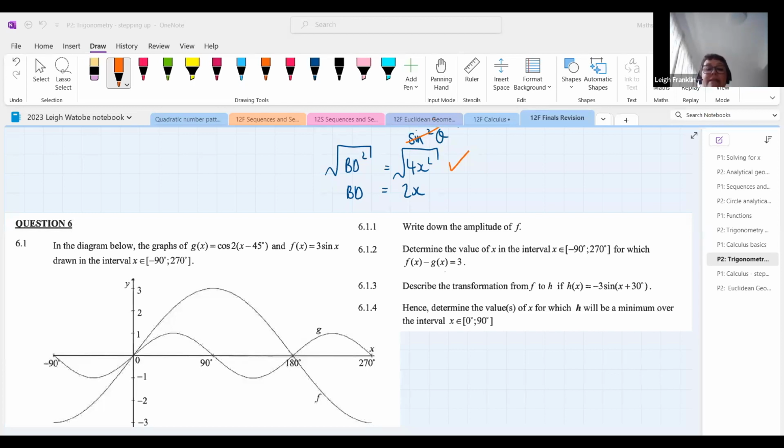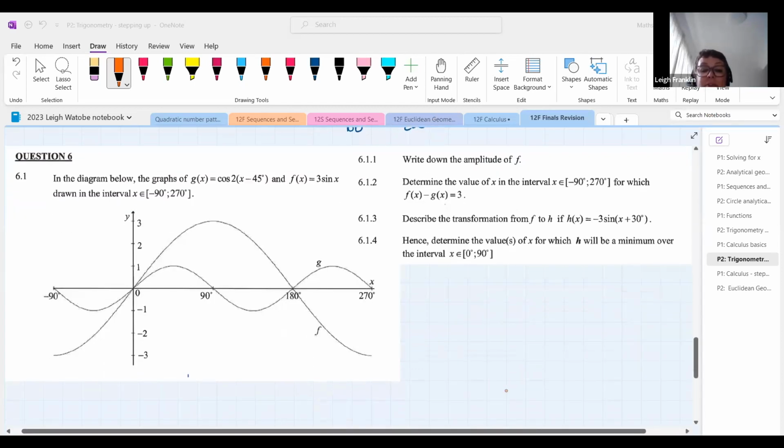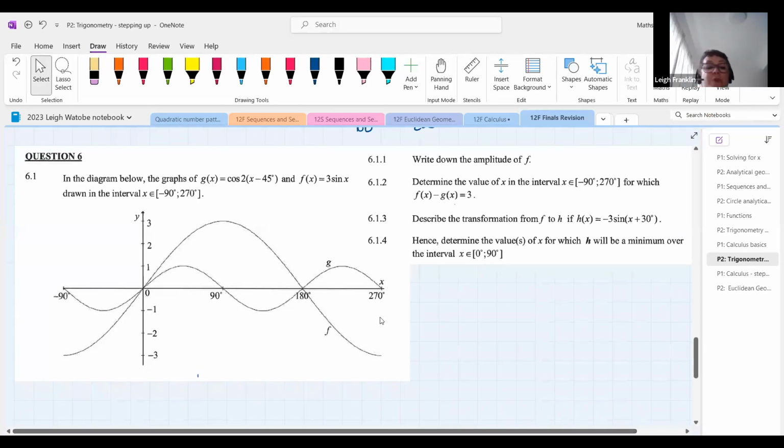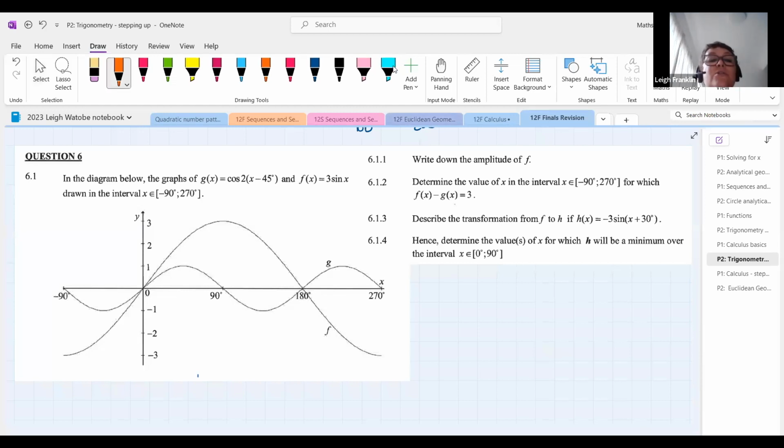Okay, so let's see how far we can get with this question. Hopefully we can finish it in the time. We should be able to do that without too much problem at all. In the diagram below, we've got the graphs of g of x and f of x. So let's just highlight those for ourselves. So g of x is cos 2x minus 45.